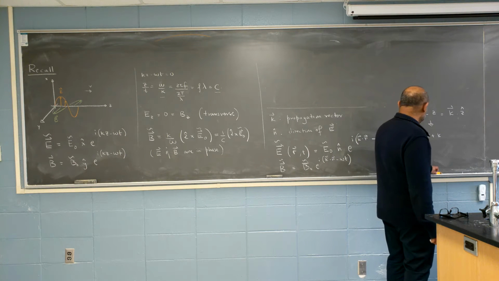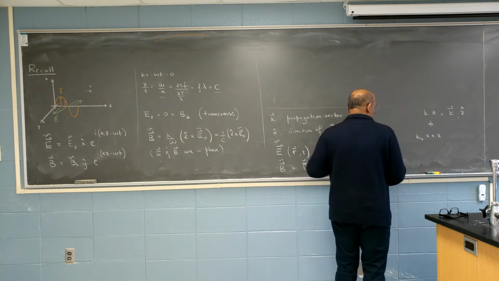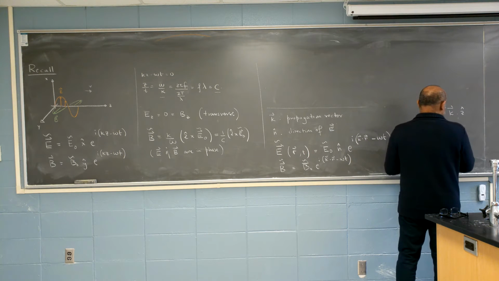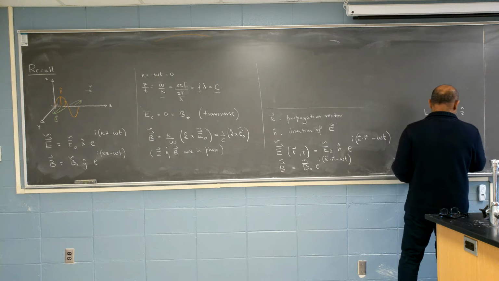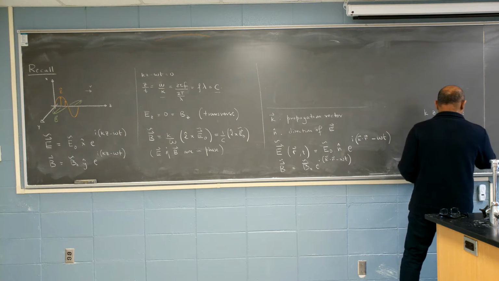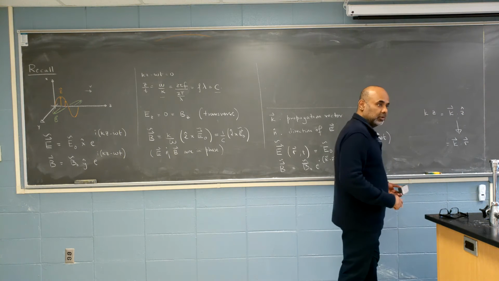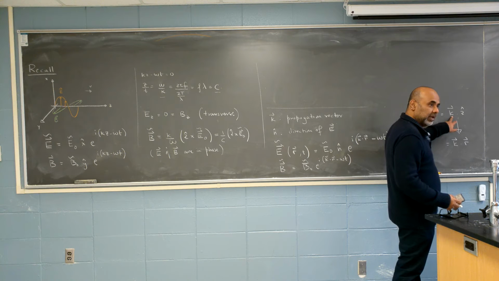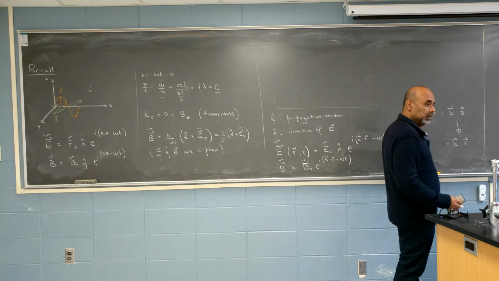So in general, we want to get this to go to k dot r, so that it can go in any direction. Which direction would it go? Well, ultimately the direction of k.